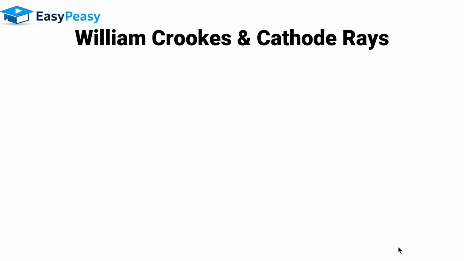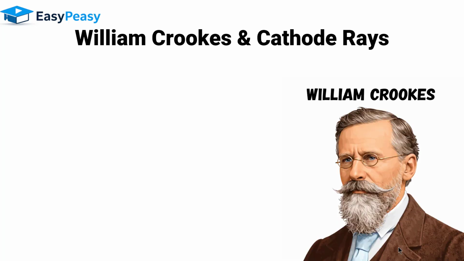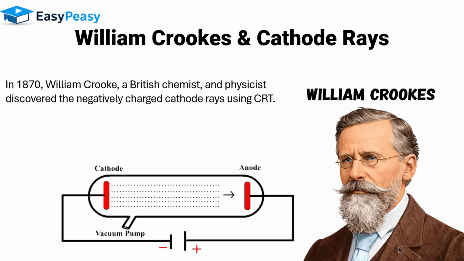Then William Crookes came and he discovered cathode rays. Now, what did he do? In 1870, William Crookes, a British chemist and physicist, discovered the negatively charged cathode rays using a cathode ray tube.